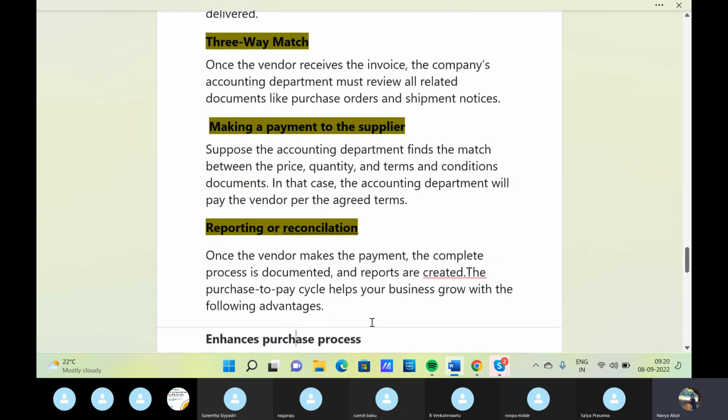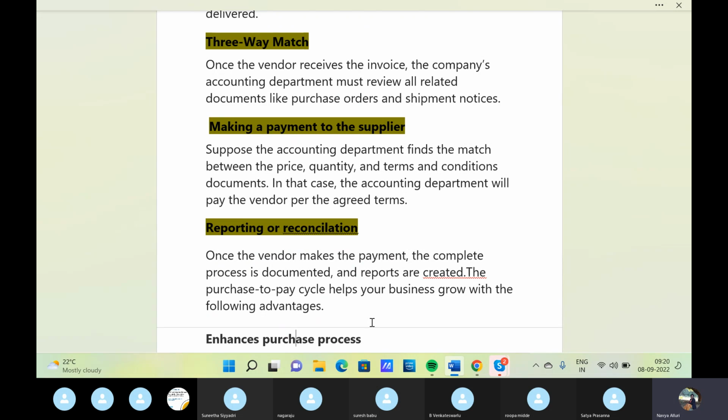After the three-way match is completed, all the documents move forward to the accounting department. The accounting department checks the price, quantity, quality, and what type of material, and also checks the vendor details one more time.